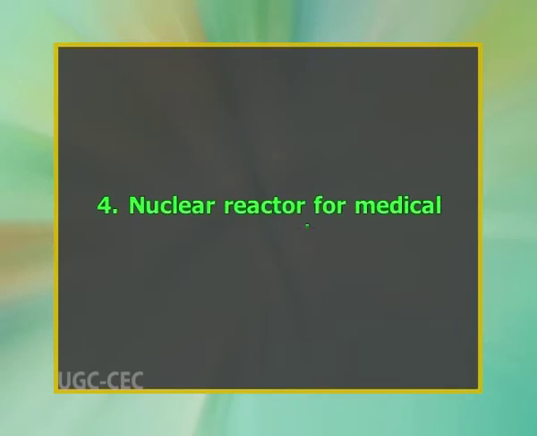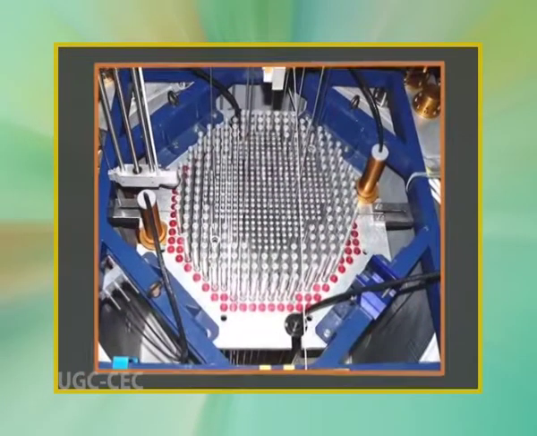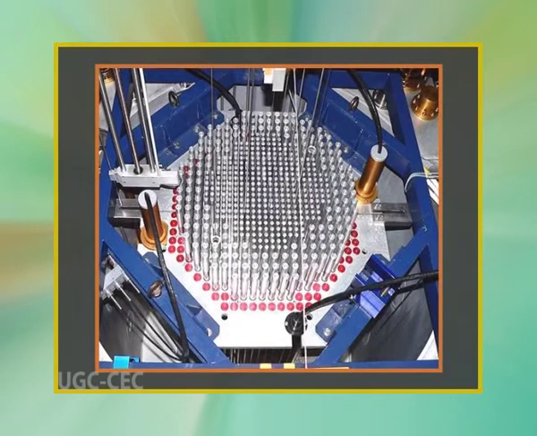Number 4, nuclear reactor for medical research. The medical research reactor is a heterogeneous tank type reactor operating at power levels up to 3 megawatts. Experimental facilities consist of 2 shielded rooms equipped with special treatment ports and shutters.